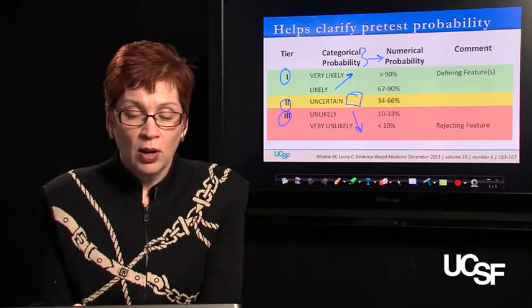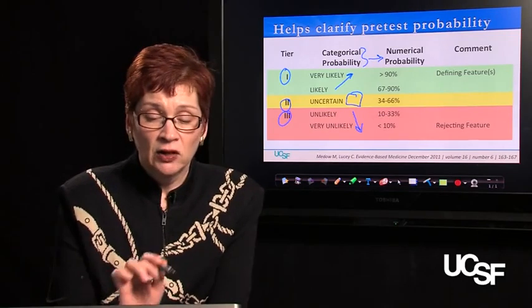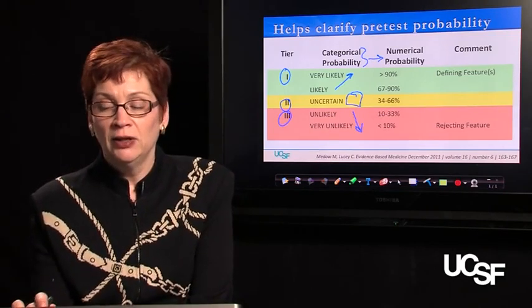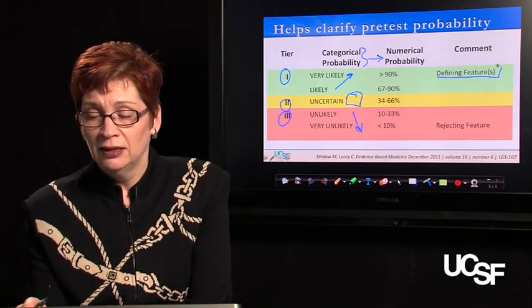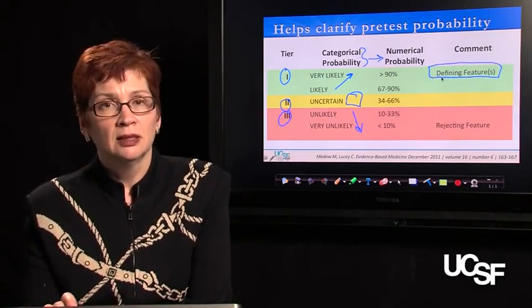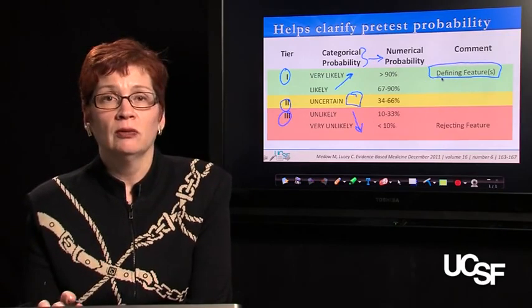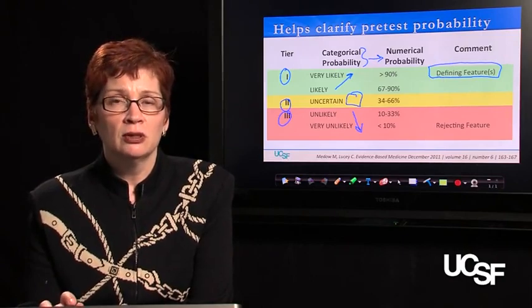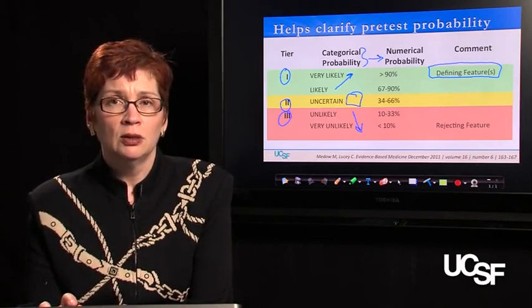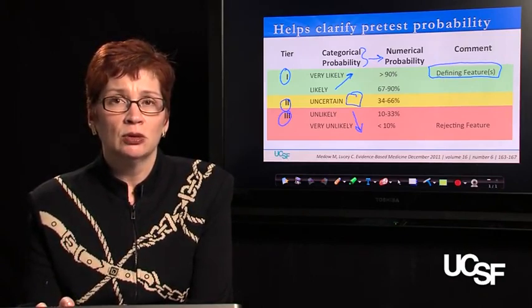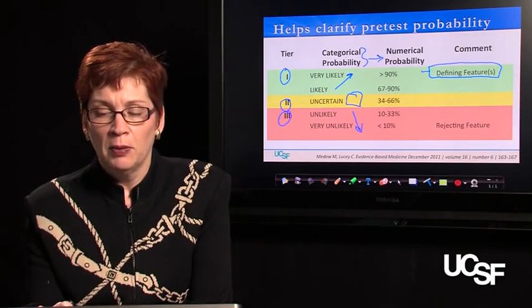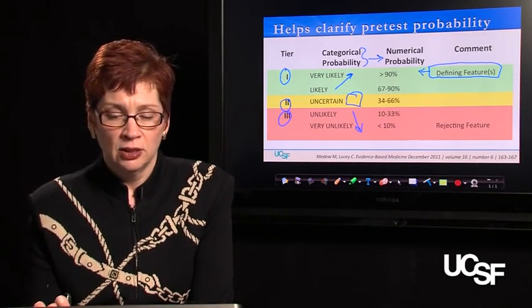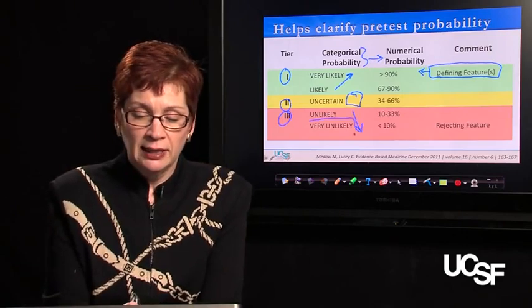Now, what, you may ask, is the difference between a likely and a very likely disease? Well, clinically, a very likely disease exists if there's a defining feature that's present. So something that says, for certain, remember our mono case, there are posterior cervical nodes in a 12-year-old with a tremendously sore throat. That's going to put mono up at the very likely stage. And what's very unlikely?